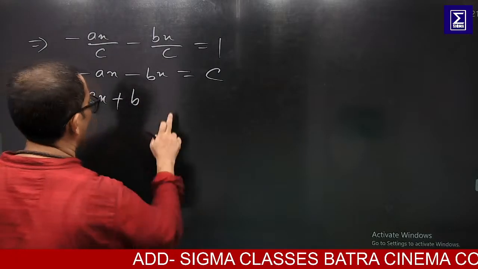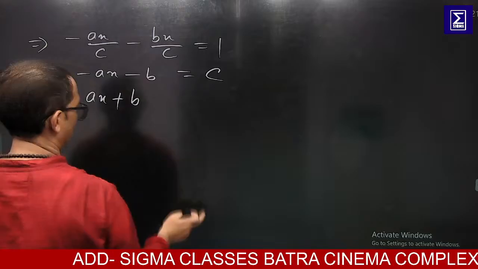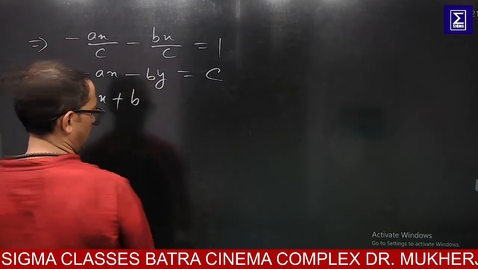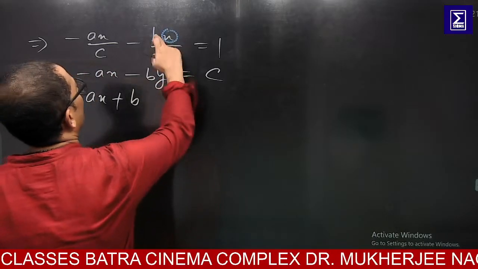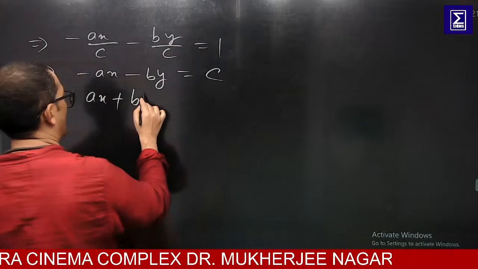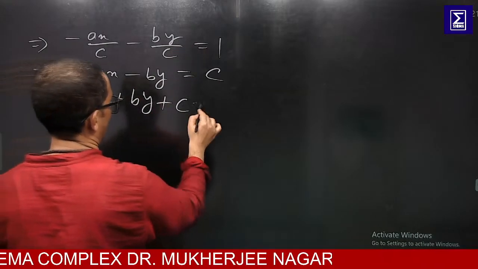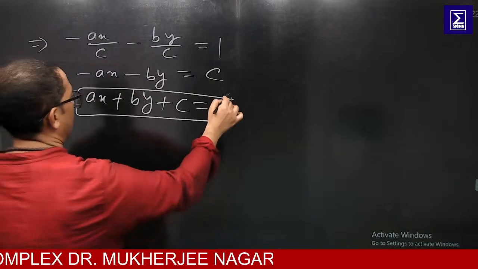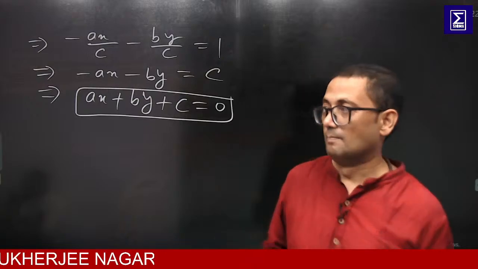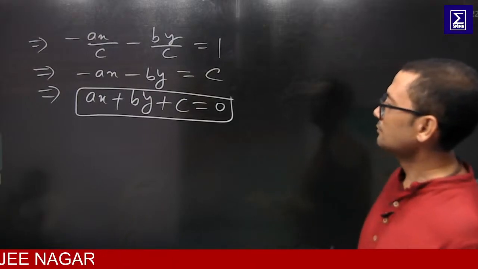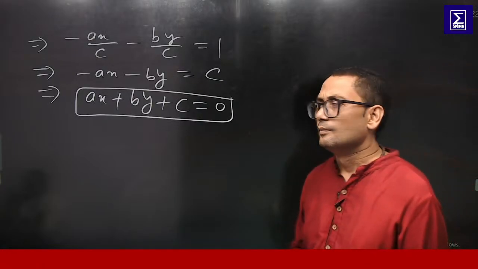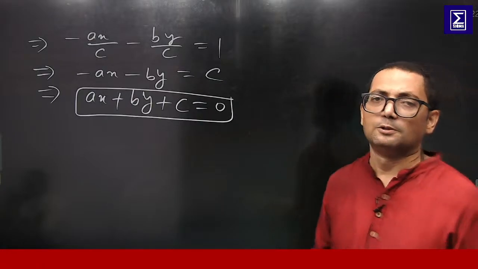Here it would be by, here also it would be by, so ax plus by plus c is equal to 0. So this is the form known as intercept form. So this is how we got the equations of all the possible forms of straight lines.